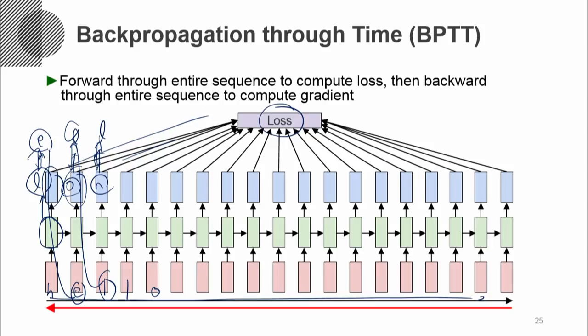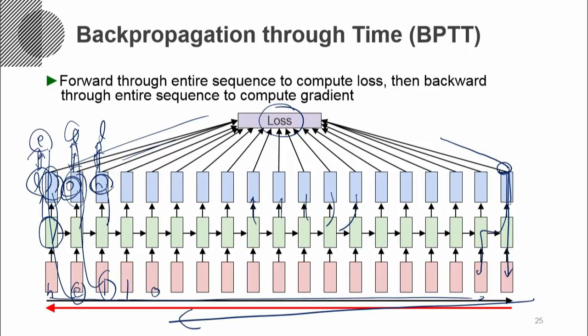And then the loss generated at each time step will be backpropagated by following the reverse direction of the network. So the backpropagation is done through the time sequence, and so the loss will be going through here, and then going through here, and going through here, and so on. So this part will contribute to training all the parts of the entire sequence.